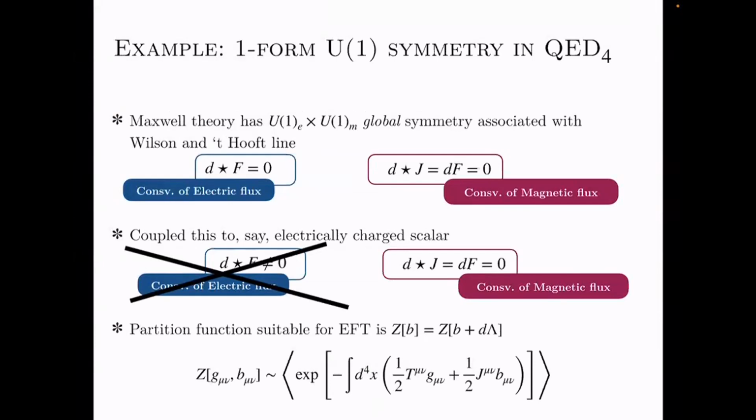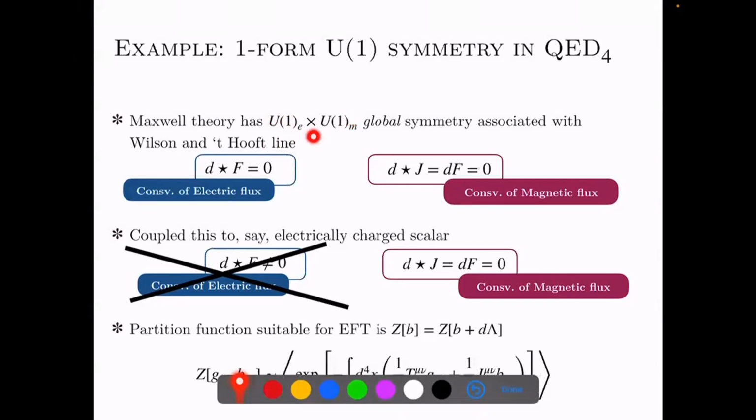The symmetry of the system is the conserved electric flux and the conserved magnetic flux, which I denote by U1E and U1M. It is basically saying that there is a conserved magnetic flux, which, even without doing quantum QED, is something you would have guessed. These are associated to the Wilson line and the 't Hooft line.